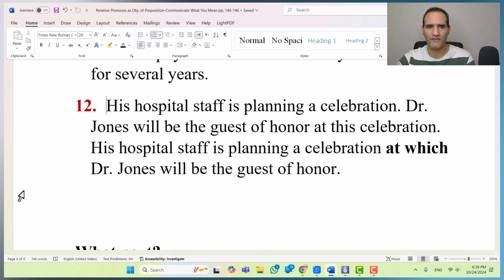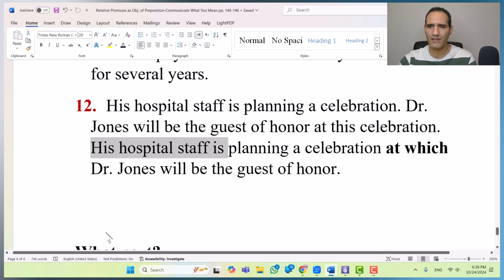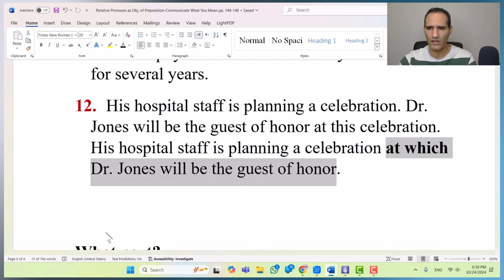Number 12, the final one, his hospital staff is planning a celebration. Dr. Jones will be the guest of honor at this celebration. So we are modifying the word celebration, and the preposition is at, so at which. His hospital staff is planning a celebration at which Dr. Jones will be the guest of honor.